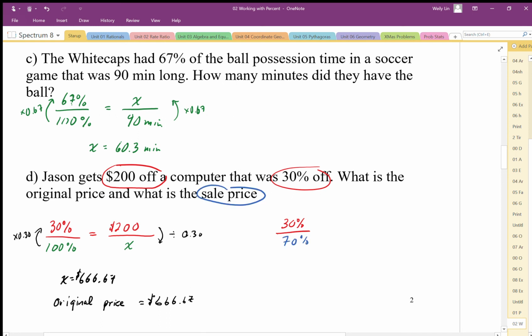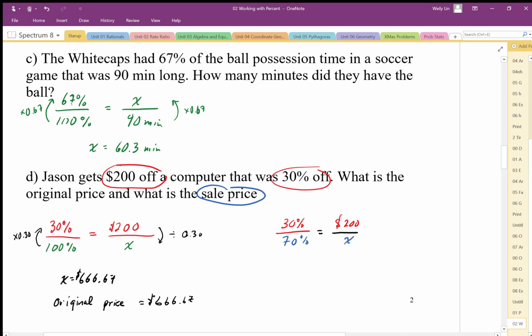The sale price is actually 70% of the total. And we can compare the discount to the sale price. The discount was $200, in dollars, and x would then represent the dollars of my discount.